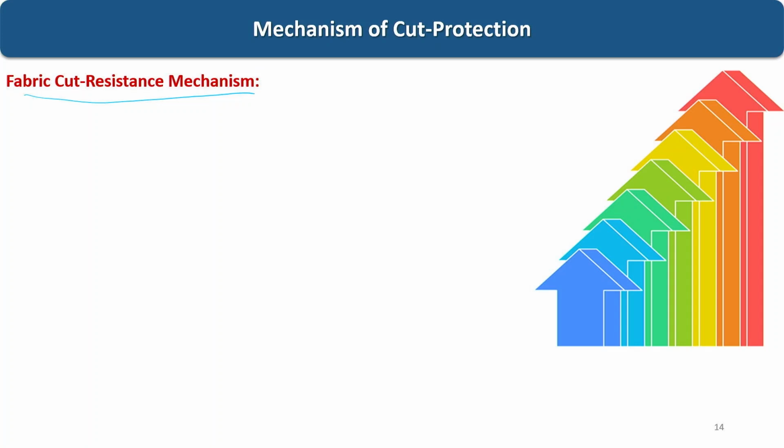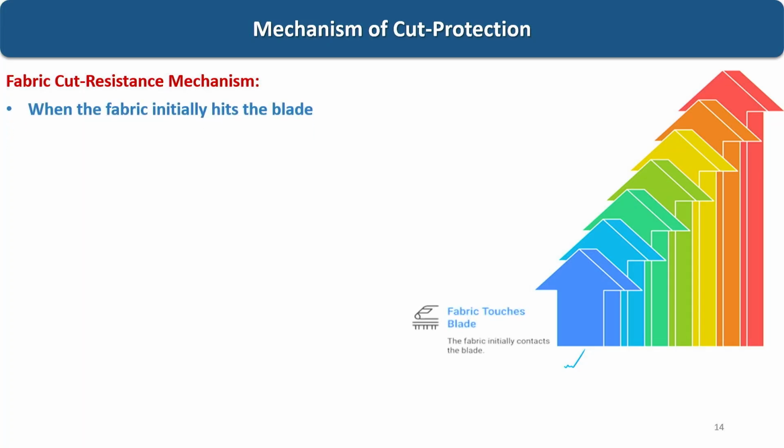So, fabric cut resistance mechanisms have different stages. The stages start from this part. First stage, let us see. Here, the fabric is initially hit by the blade. This is the blade which hits the fabric.